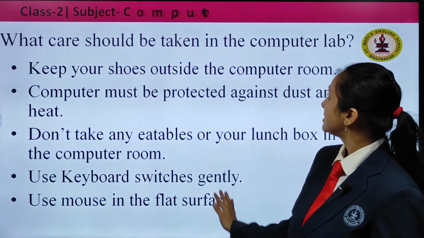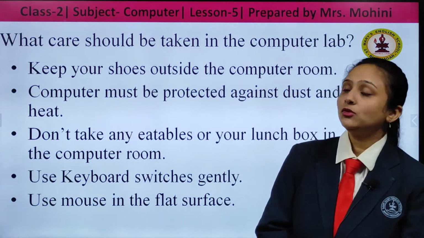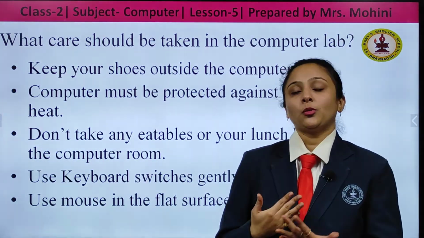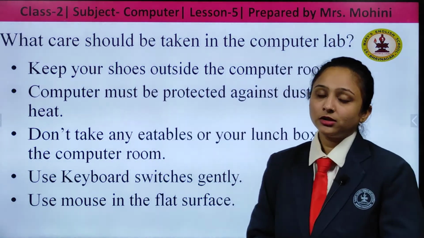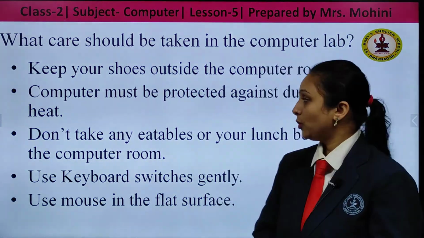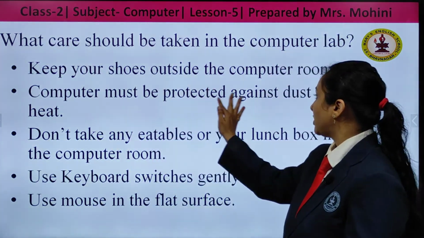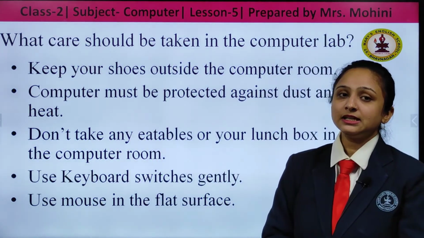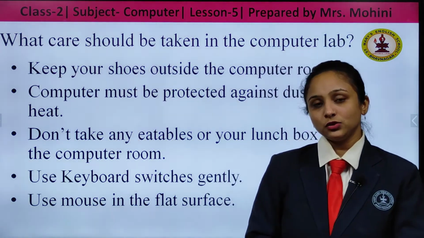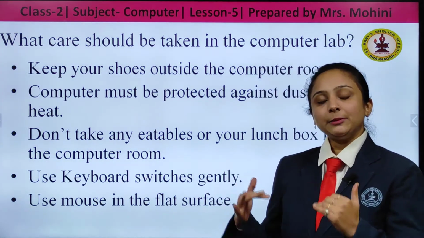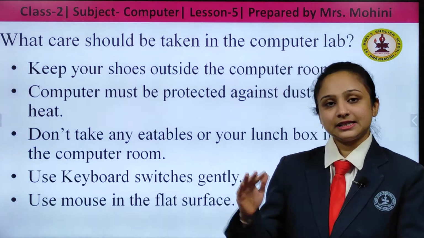Okay, what are the things to be taken care of when you go in a computer room or a computer lab? Keep your shoes outside the computer room. The computer must be protected against heat and dust. As I told you, we have to cover the computer when not in use, and it should not be kept in direct heat or direct sunlight.